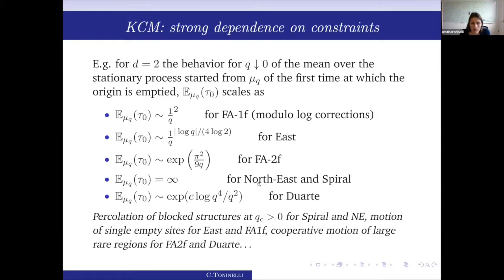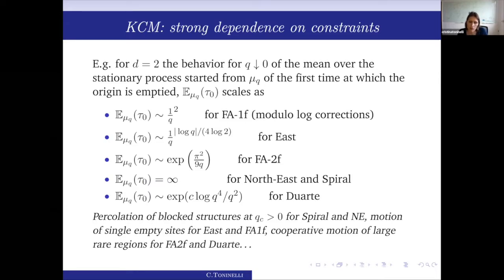Then for the FA2F and for the Duarte model, the motion will be even more complex. The relaxation is not driven by single empty sites. Single empty sites can do nothing, cannot move in any way.